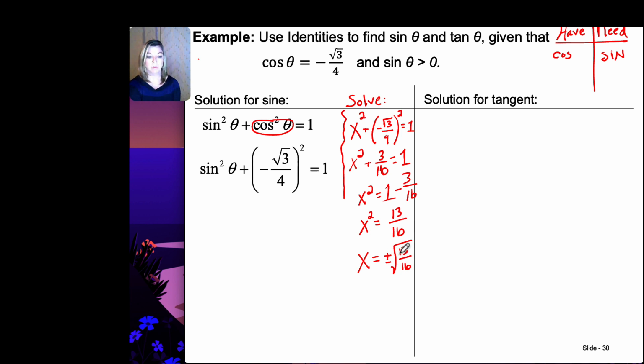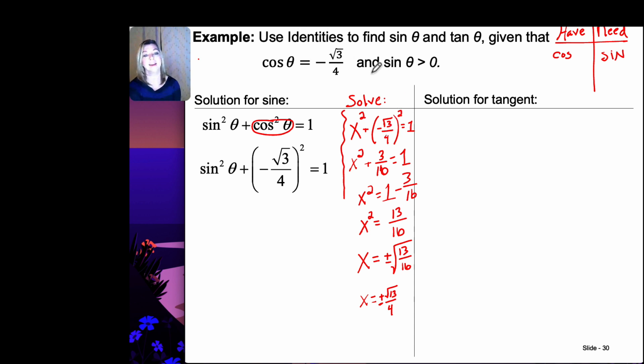Positive radical 13 over, let me just take this one step further, square root of 16 is 4. I wanted to simplify that there. Or the negative root of radical 13 over 4. We'd have to consider both, and we're actually going to address which one to choose by this restriction way up here a long time ago when we read it.